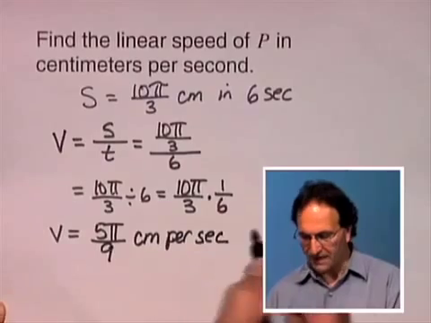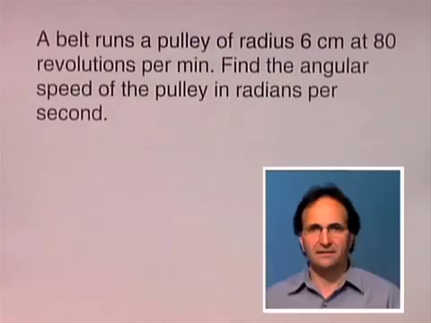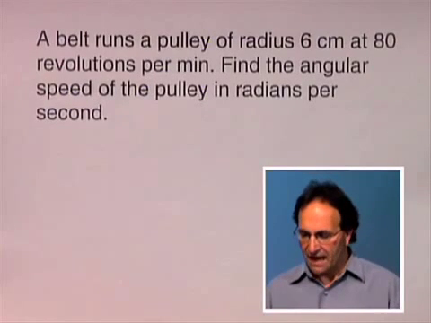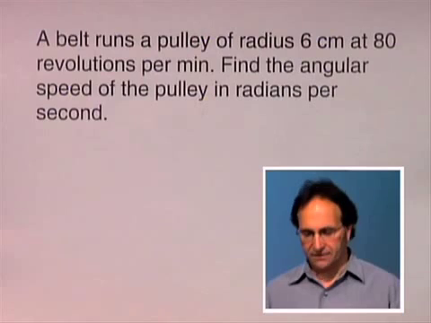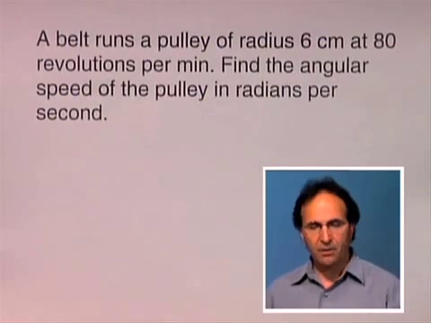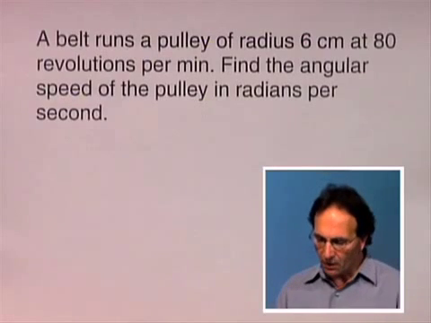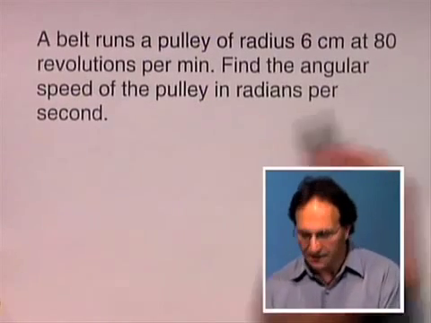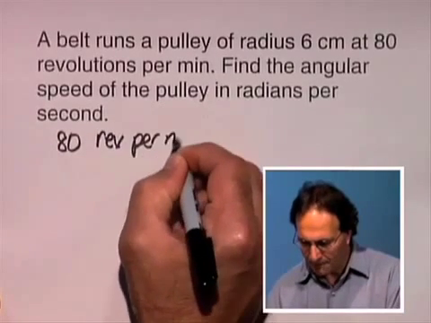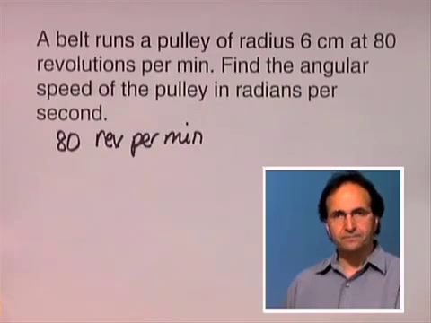In this example, we'll be finding the angular speed of a pulley and the linear speed of a belt. A belt runs a pulley of radius 6 centimeters at 80 revolutions per minute. Find the angular speed of the pulley in radians per second. So what we know is there are 80 revolutions per minute.